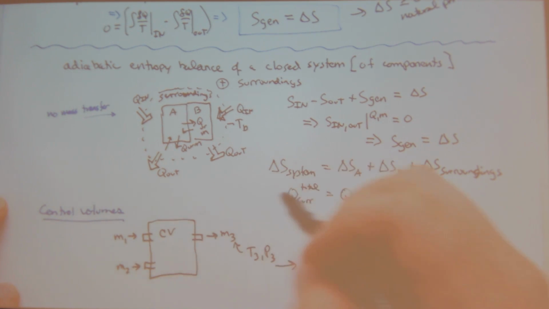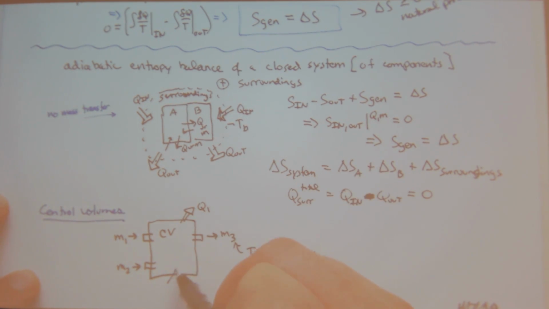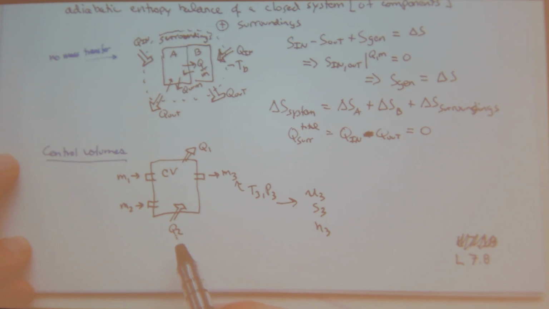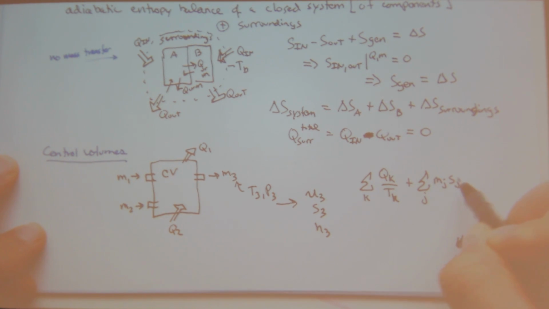So let's do the control volume, where I have Q1 and Q2. If I do a full entropy balance, I have the sum of QK over TK, plus the sum of MJ SJ, plus S gen equals delta S of my control volume.